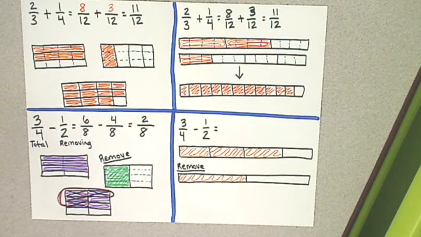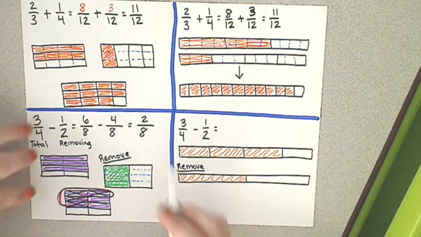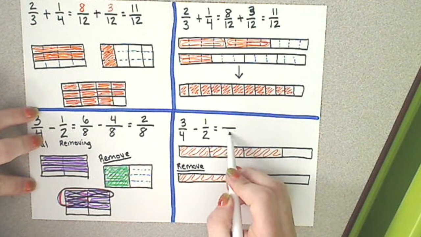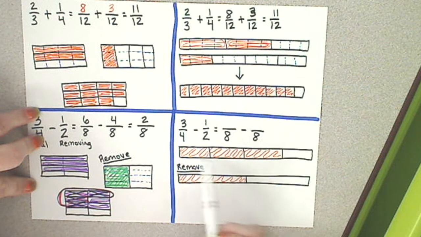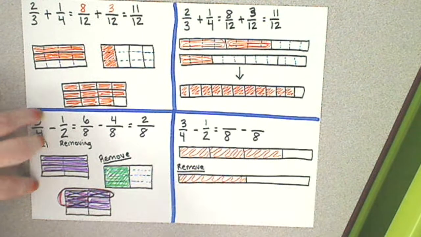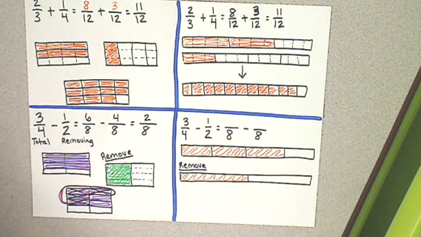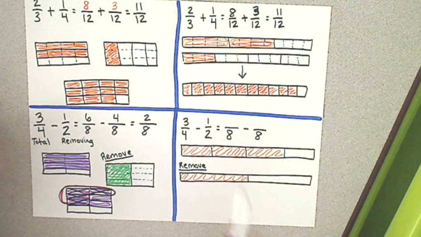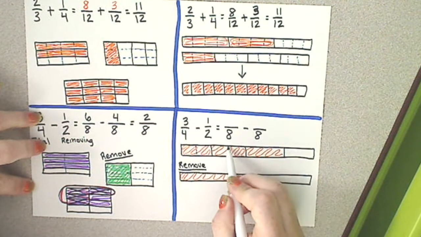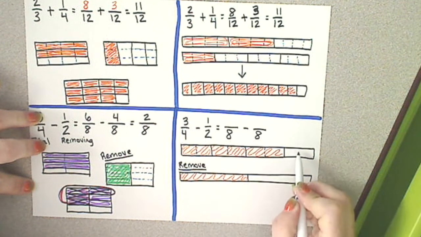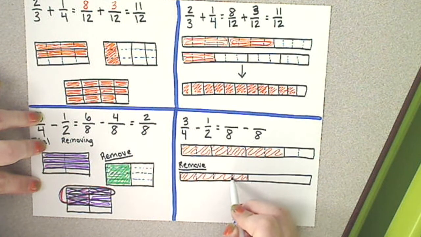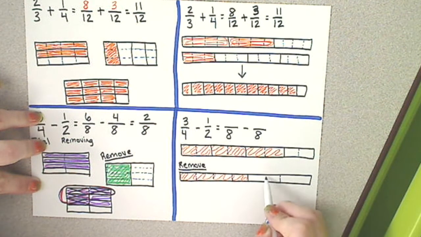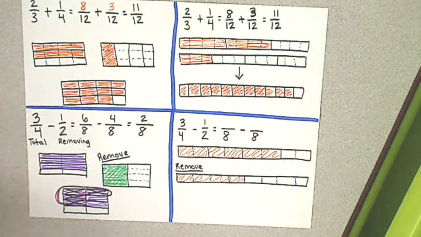Now, just like we did before, we have to find our least common denominator. And in this case, we multiplied 4 times 2, which equals 8. So I need to turn 4 pieces into 8 and 2 pieces into 8. So here's me creating 8 pieces and 8 pieces.